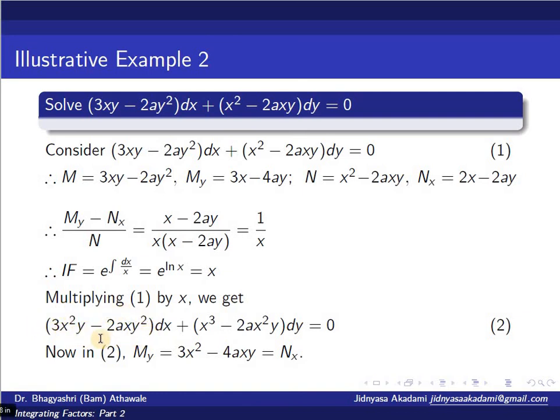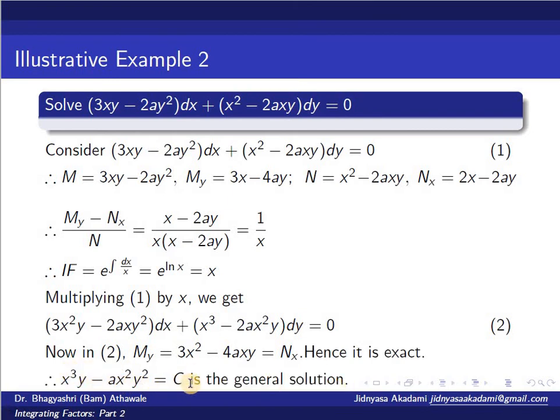It is 3x square minus 4axy, and the partial derivative of this with respect to x is 3x square minus 4axy. Since they are equal, equation 2 is exact, and using our normal method of solving exact differential equations, we get x cube y minus ax square y square equal to c as our general solution.